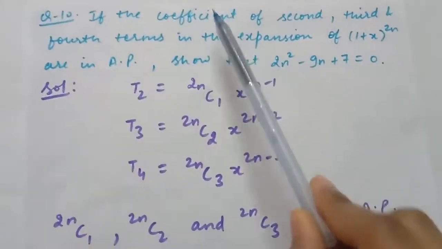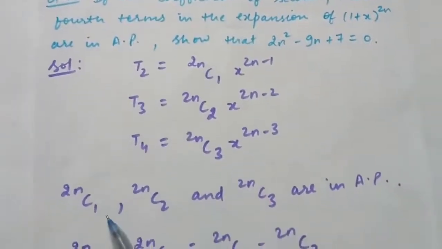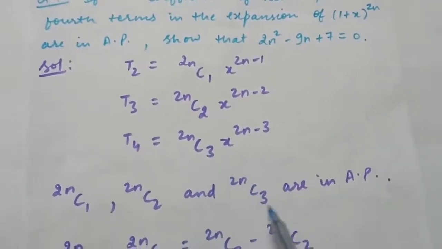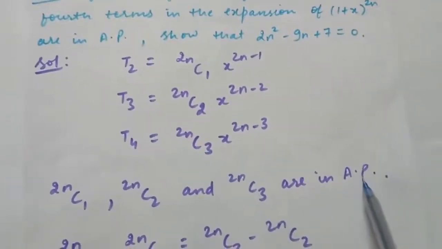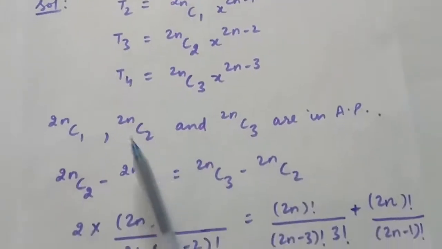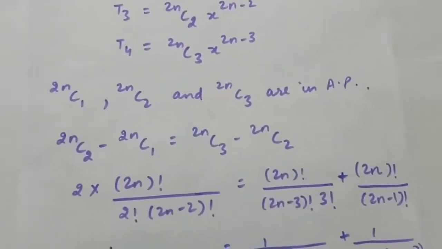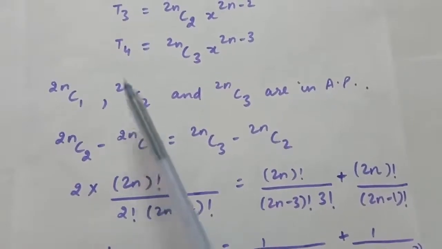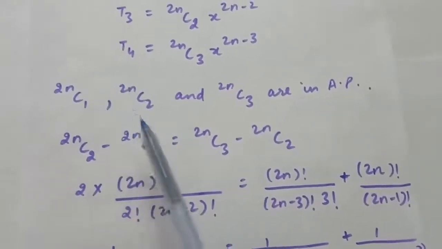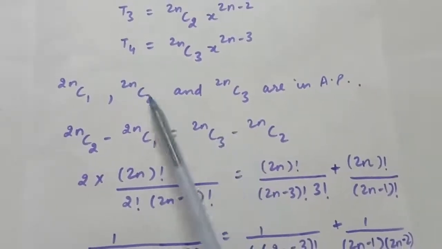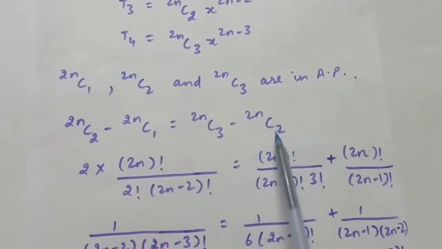So the coefficients are in AP, that is 2nC1, 2nC2 and 2nC3 are in AP. Arithmetic progression means what? That the difference between these consecutive terms is common. So 2nC2 minus 2nC1 is equal to 2nC3 minus 2nC2, right?